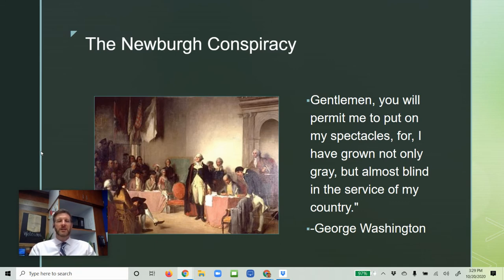Again, the loyalty and the sense of sacrifice and the example of Washington as a unifier really struck the men, and they were moved by seeing him as a leader, his sense of self-sacrifice, that they couldn't bring themselves to carry out the coup, and so they disbanded. But again, the threats to the national unity and the federal government under the Articles were very strong, and it was very apparent that they needed a new constitution following these events.